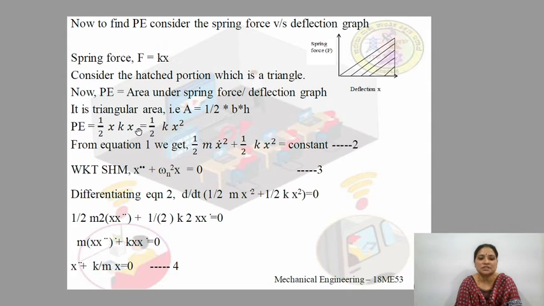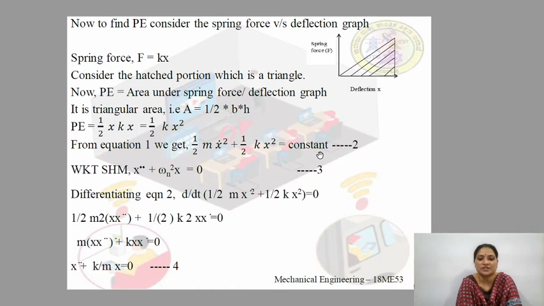So we can write half into k into x square, which is nothing but the potential energy. From equation 1, in the previous equation, we have half m x dot square plus half k x square is equal to constant. That is, kinetic energy plus potential energy is equal to constant.